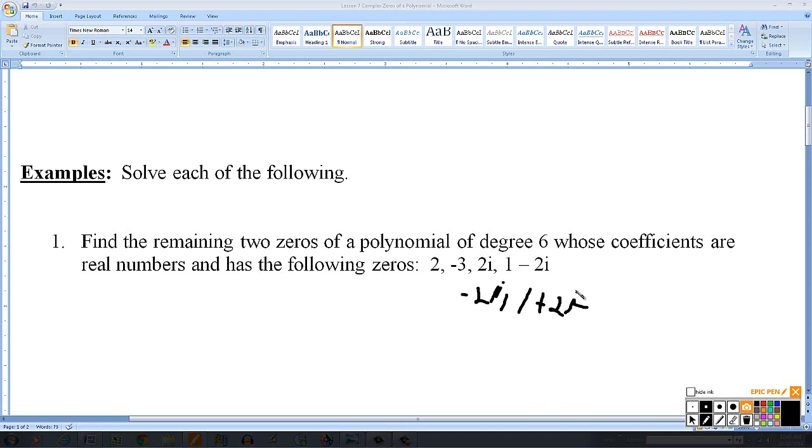Now I'm going to also use the factor theorem. So this is minus 2i and 1 plus 2i are also zeros. Let's clear this.